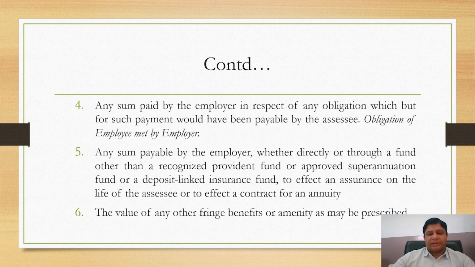Specified employees get specific treatment for the exempted amount and perquisites for the purpose of calculation of income from salaries. Some perquisites are exempted in the hands of employees, meaning if these perquisites are provided to the employee, they will not be considered in the calculation of salaries.